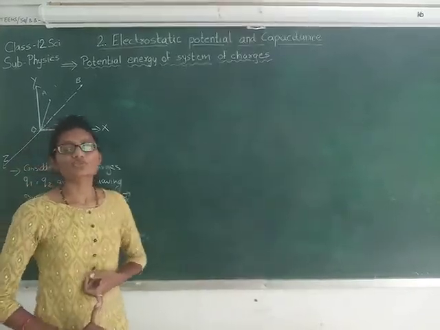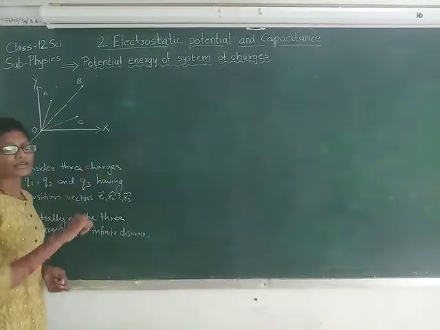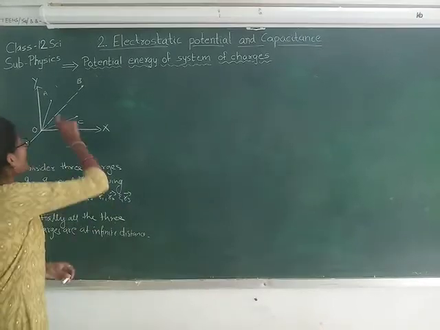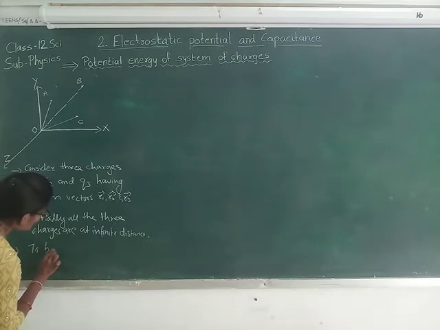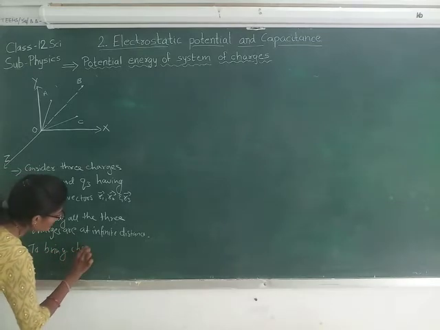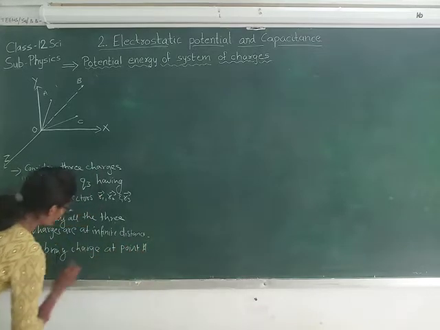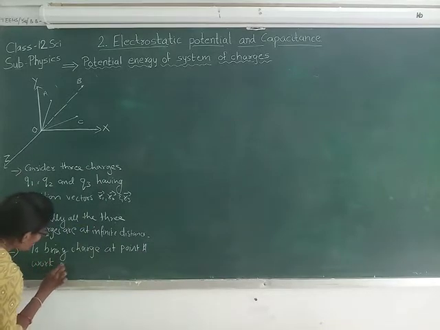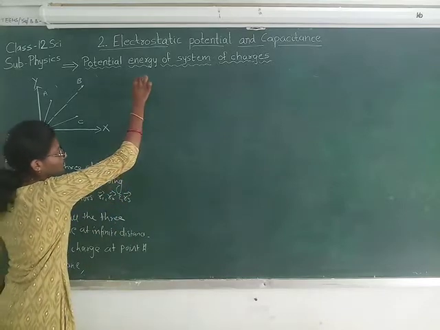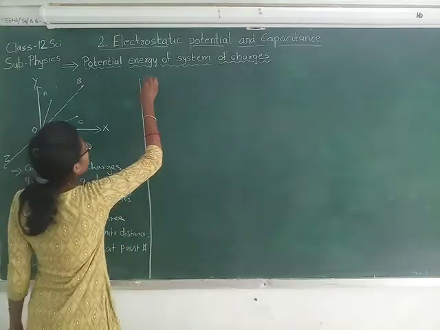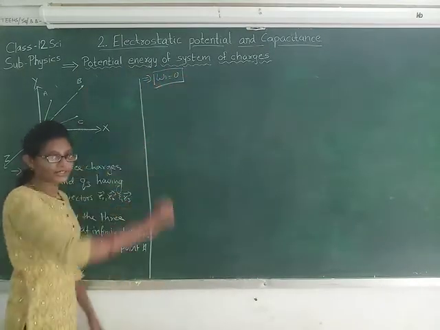So first of all, what we should do? We should bring one charge at this point A, right? So first of all, let us bring the charge Q1 at point A. To bring the charge Q1 at point A, work done will be 0.